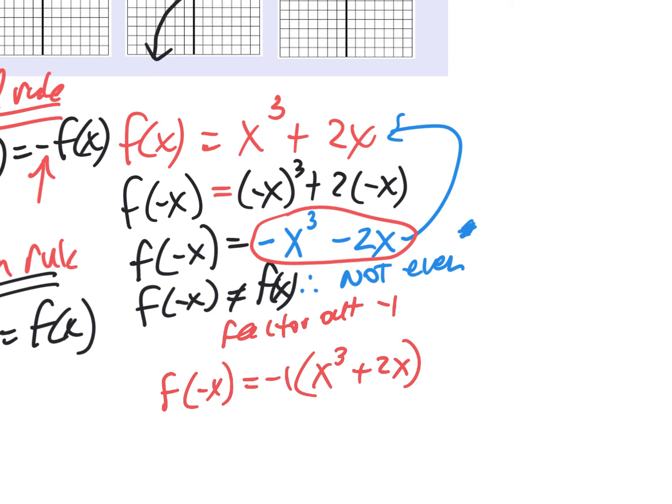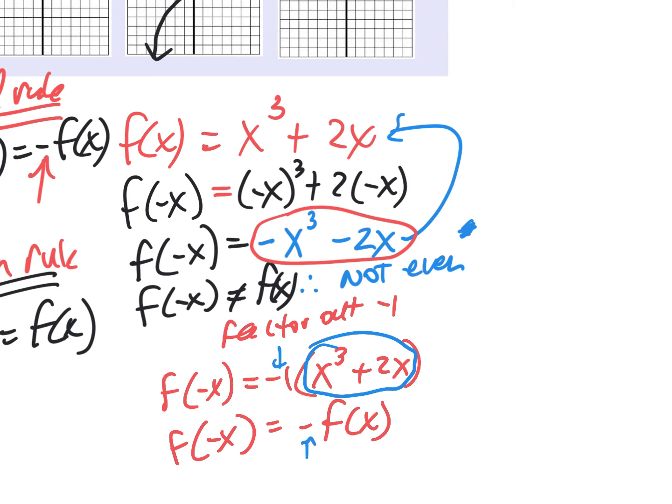So what do you think we write now? I think you know, and I think you're just not saying it. F of negative x equals negative. Yup. Because that is f of x right there. That's f of x. And what rule is that? F of negative x was negative 1 times f of x, negative f of x. What rule is that? That's the odd rule. Therefore, this thing's odd.